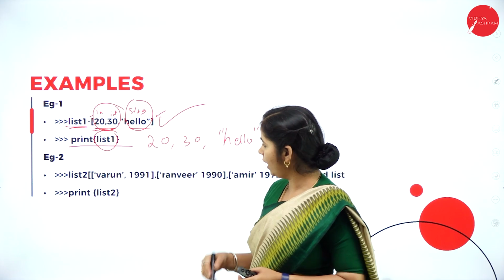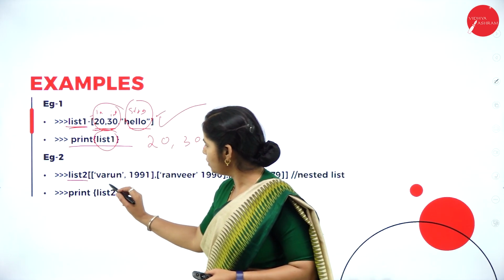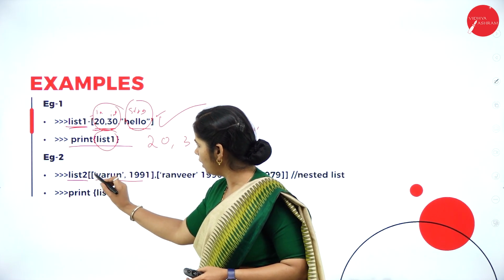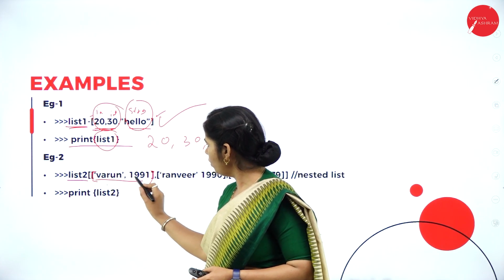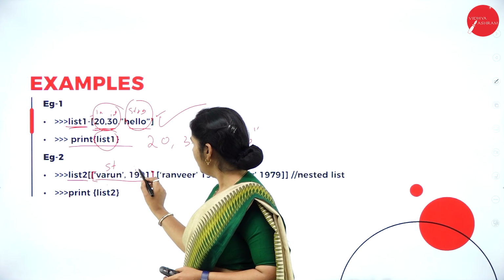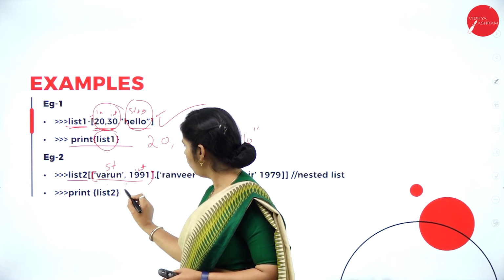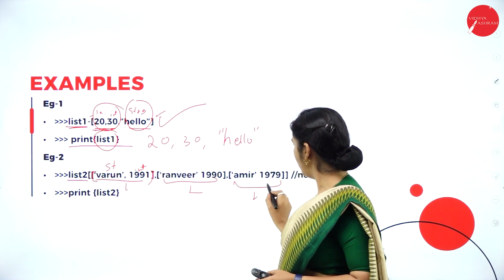Coming to example 2, here we have list 2. List 2 has a combination of lists. See, here you can see, represented in the square braces, Varun and 1991. This is a combination of string and integer, right? This is one list, and this is also one list.